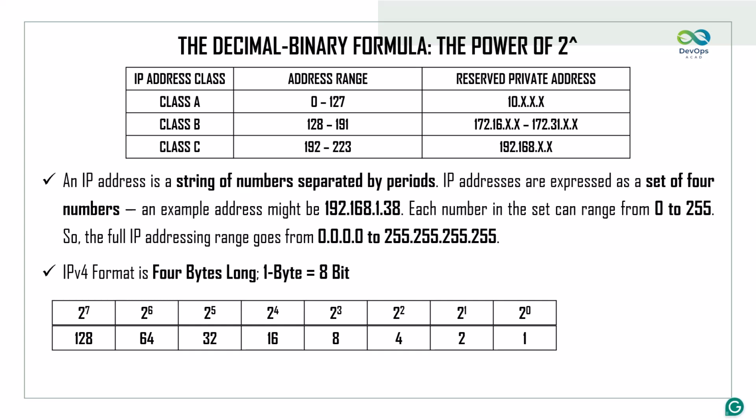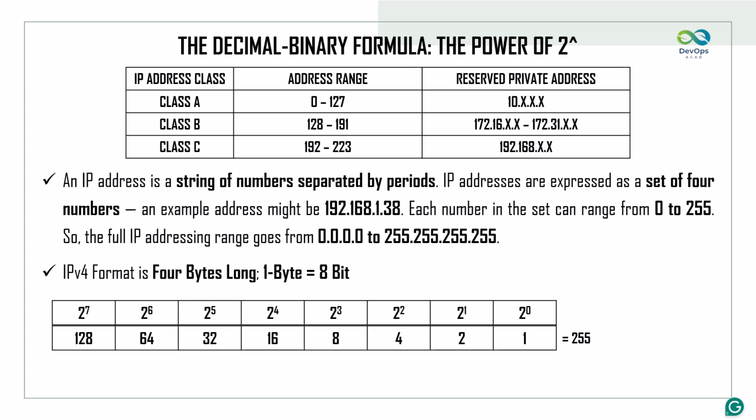Of course, the answer is 255. That is how we arrived at the number 255, basically adding all the numbers together. 128 plus 64 plus 32 plus 16 plus 8 plus 4 plus 2 plus 1 will give us 255. So you've seen how we arrived at the number.